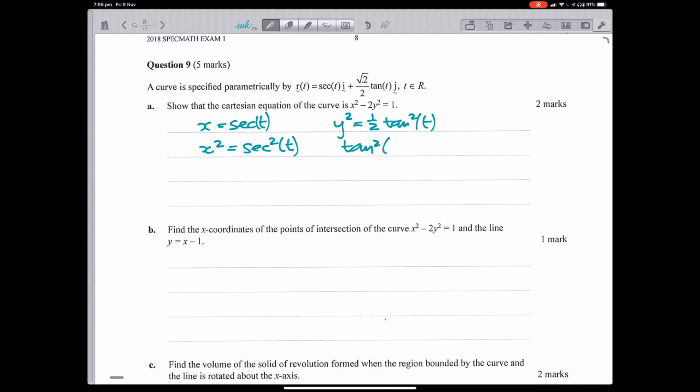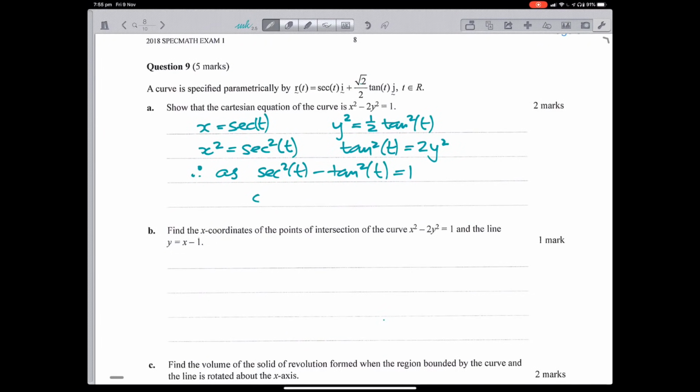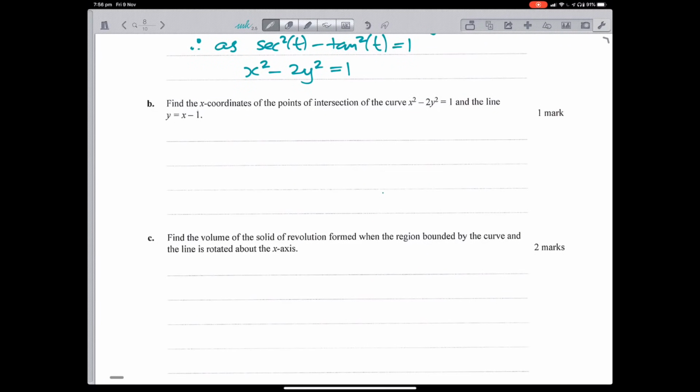So tan squared t is equal to 2y squared. So therefore, as sec squared t minus tan squared t is equal to 1, x squared minus 2y squared is equal to 1.